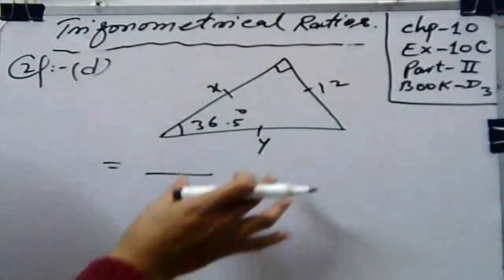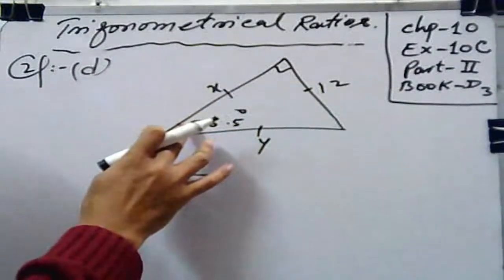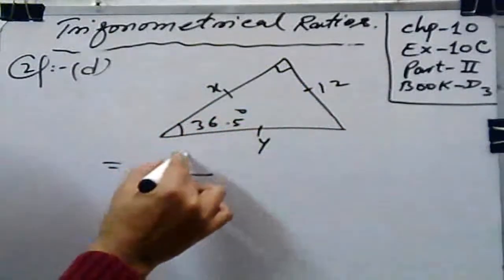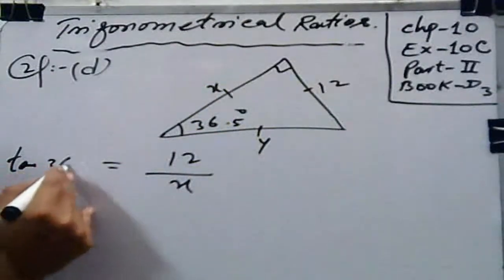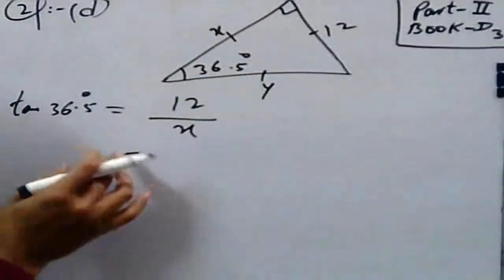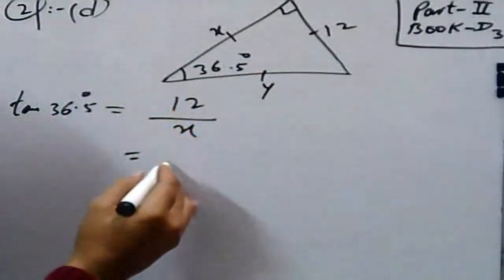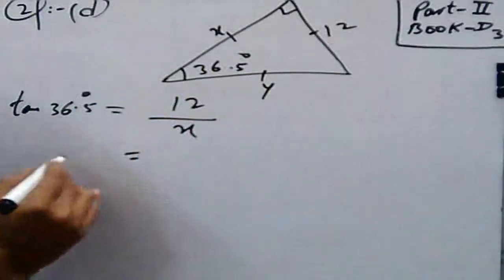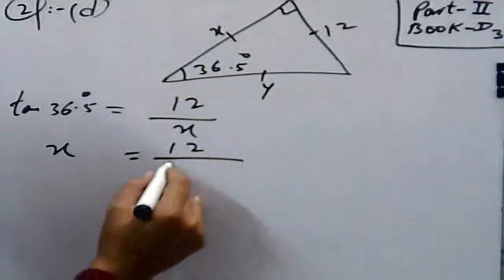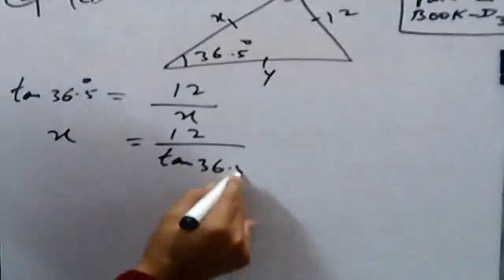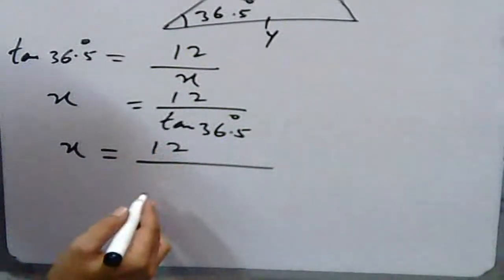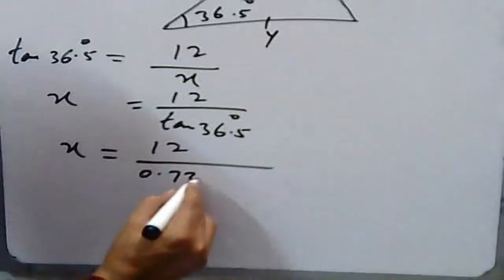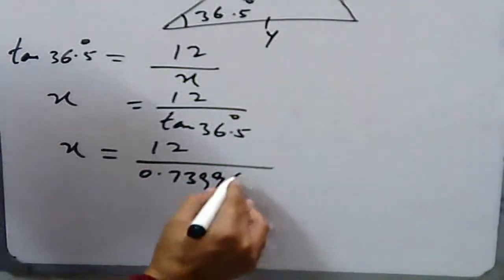Now you can take the ratio in between this. Tan is actually opposite to adjacent when you take this angle, so that is your opposite. So opposite to the adjacent is known as tan 36.5, because we take the known side and unknown side, that's why we are bound to take tan. Similarly, you need the value of x by using cross multiplication. 12 divided by tan 36.5 degree.